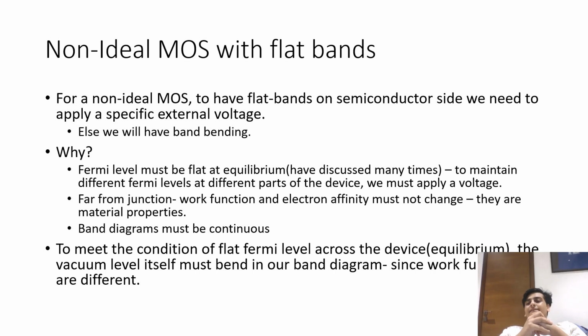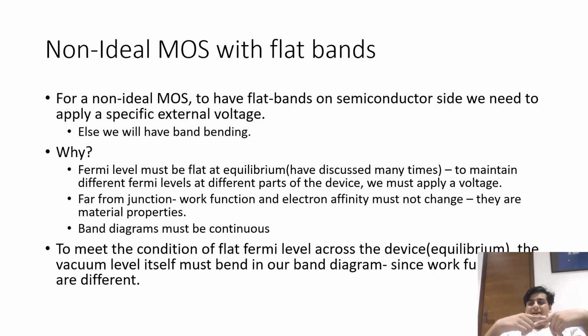And the only way that we can physically ensure that is that we apply an electric field across the device. So what I'm trying to say is that the Fermi levels being different, a lower energy Fermi level at the metal and a higher energy Fermi level at the semiconductor, means that electrons from the semiconductor are pulled towards the metal.